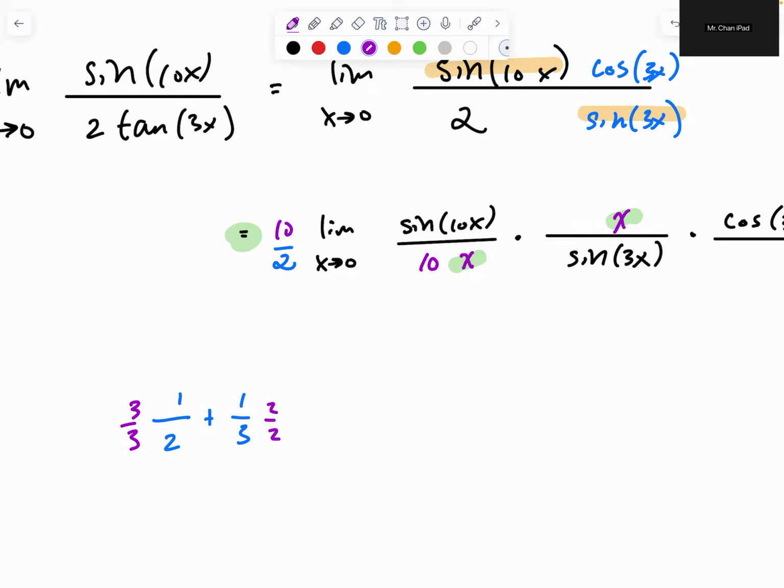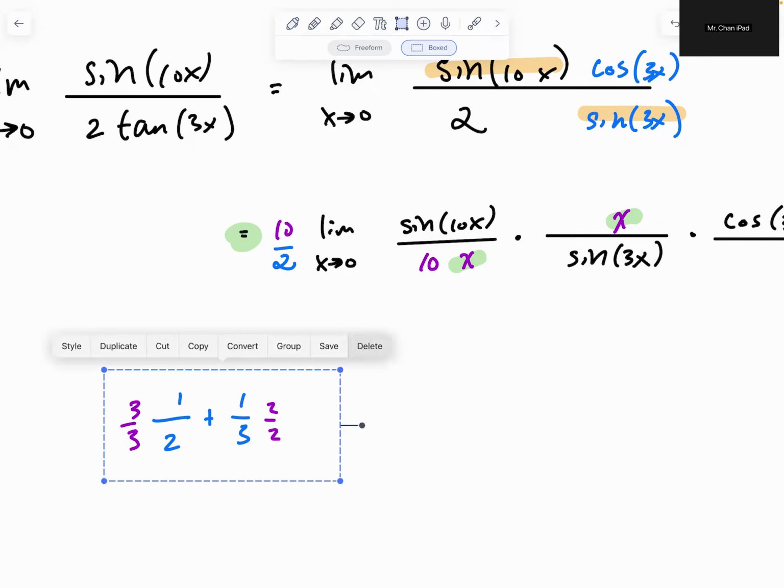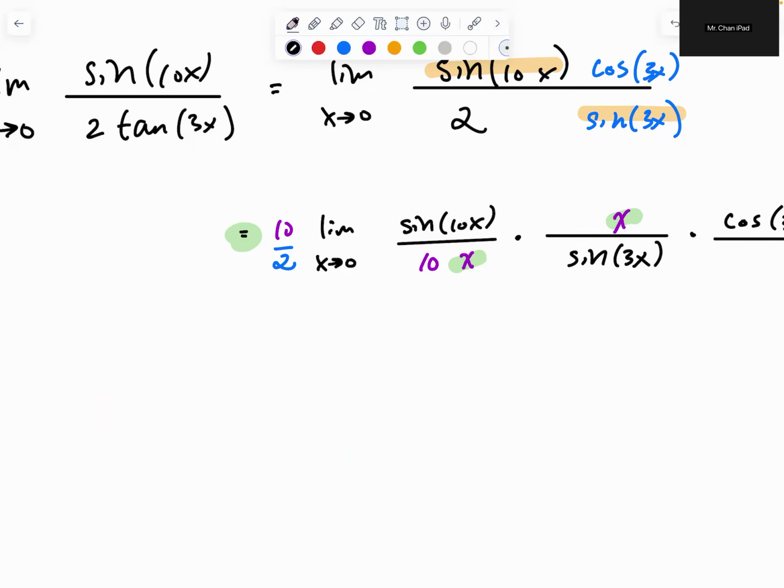You're not changing the value, but you're changing its appearance. This is a very important understanding that you can multiply by 1 anytime you want, as long as it helps. The same thing applies when you did rationalization. You multiply by root 2 over 2, which is equal to 1. That was a very important moment in my math journey, which is, oh, I never thought 1 is so darn special. It could appear in so many different faces.